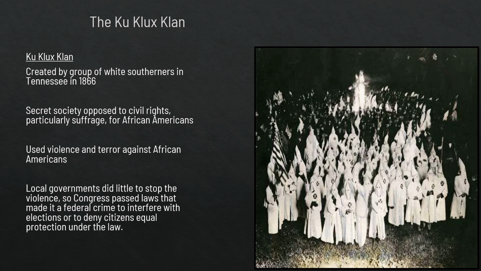So this, of course, is going to be at the expense of African American rights and their freedoms, right? They can't go back to slavery because there's an amendment abolishing it, but they're going to try and go as close as they can. So you have groups like the Ku Klux Klan.